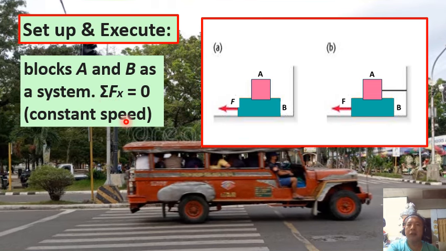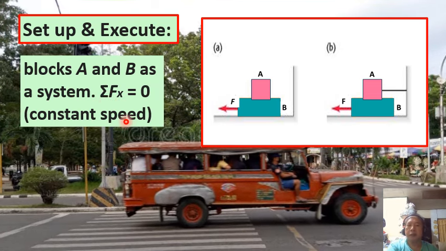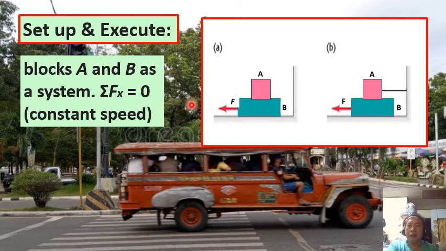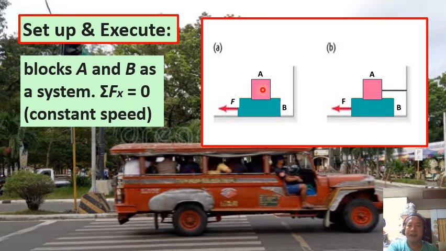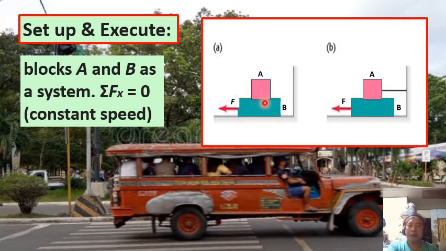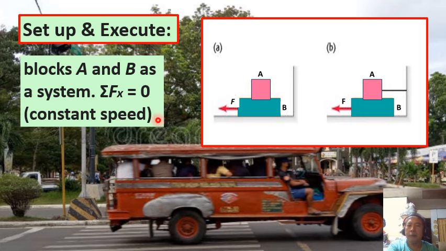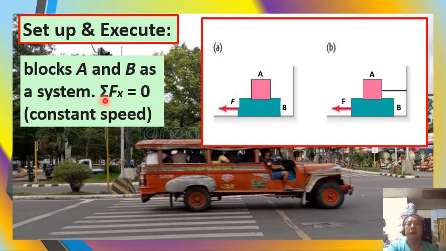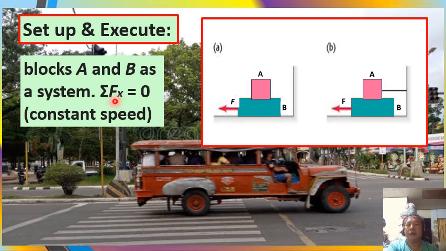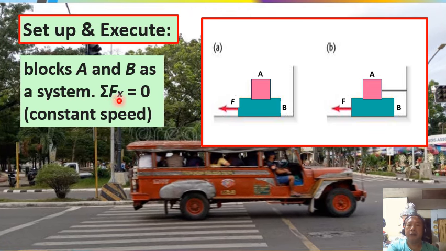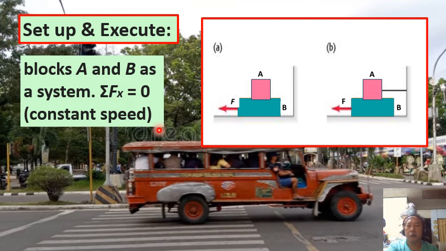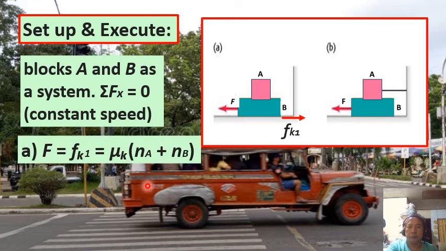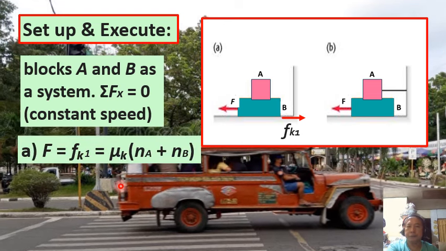Since it's mentioned in the question that both blocks A and B will be moving at constant speed, that means the summation of forces along the horizontal must be equal to 0.